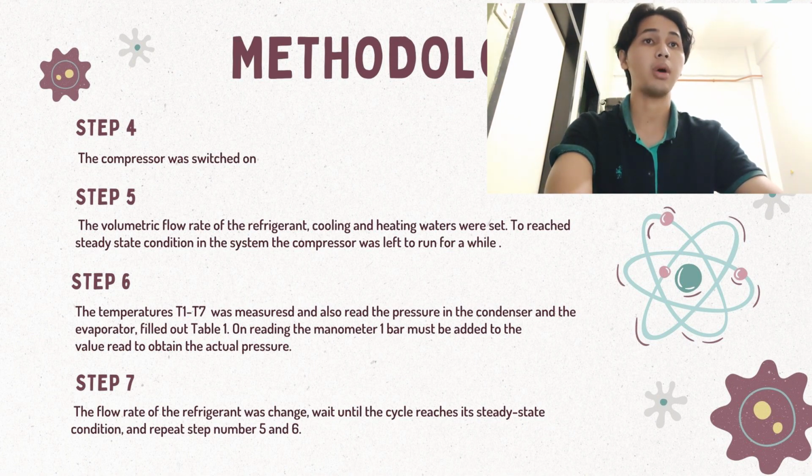To fill out table 1, we need to read the pressure in the condenser and evaporator. On reading the manometer, 1 bar must be added to the value read to obtain the actual pressure. And the last step is the flow rate of the refrigerant was changed. Wait until the cycle reaches its steady state condition and repeat step number 5 and number 6.